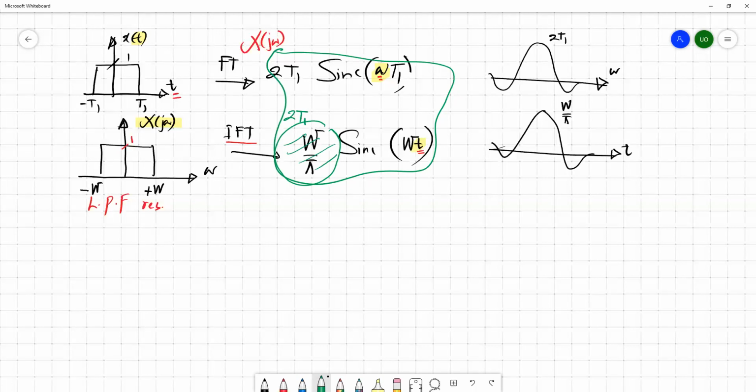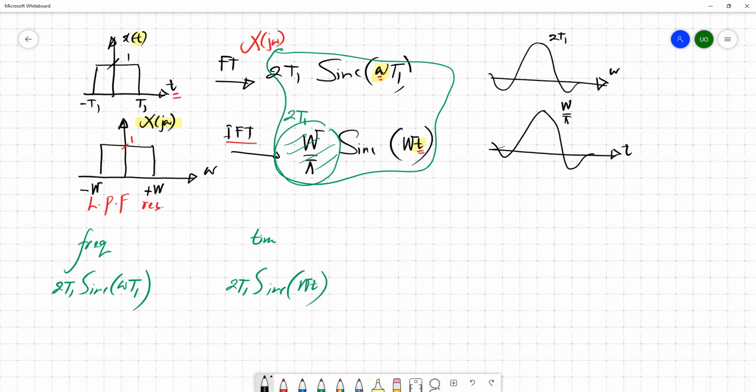Okay. So we have this frequency domain function, 2T1 sinc(omega T1), and a function in time domain. Let's assume that the magnitudes are the same: sinc(Wt).